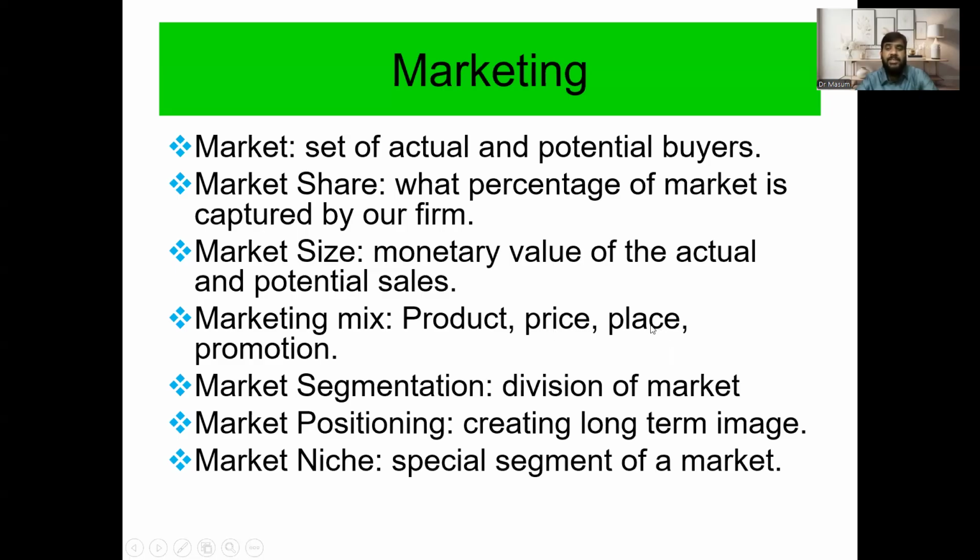What is place strategy? Place is known as the distribution channel in marketing. Place means how you are distributing your product. Is it a direct channel or an indirect channel? It is through an intermediary, through a buying house. There are a lot of strategies you can undertake under place.